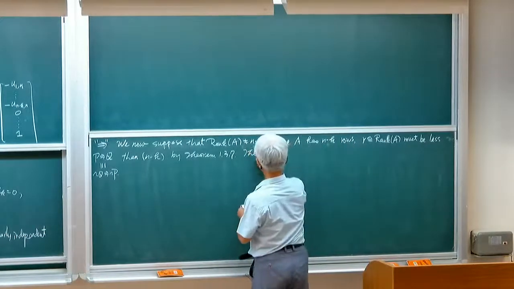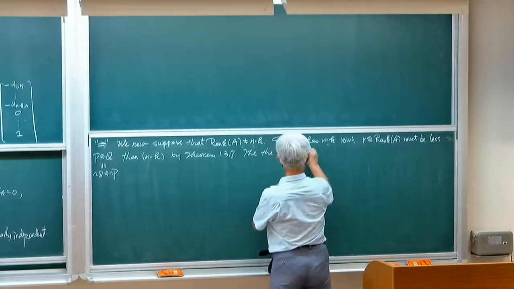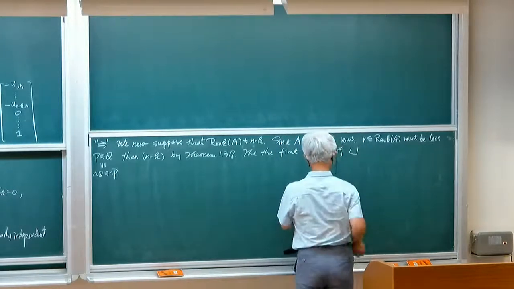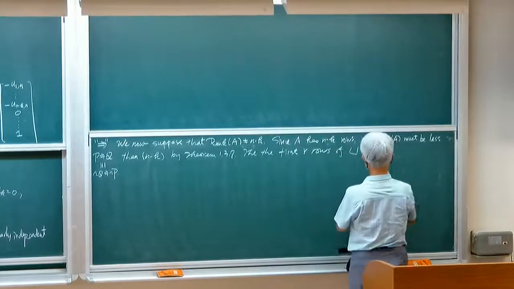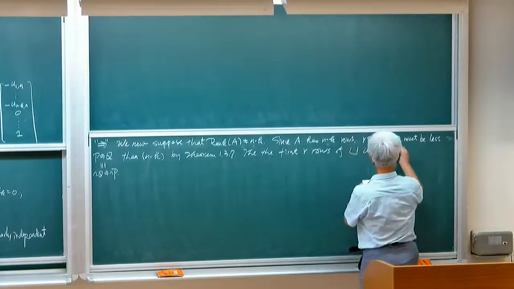So then the first r rows of the reduced echelon form of A contain pivots.